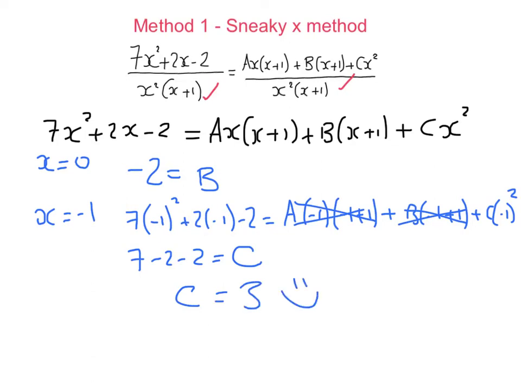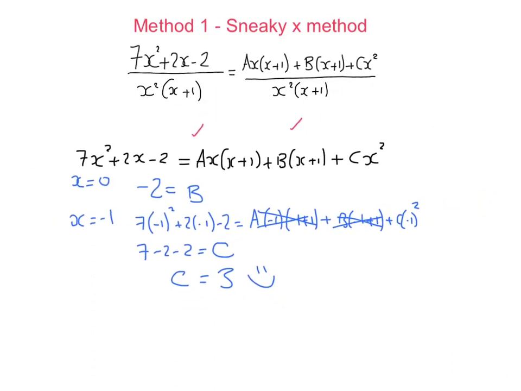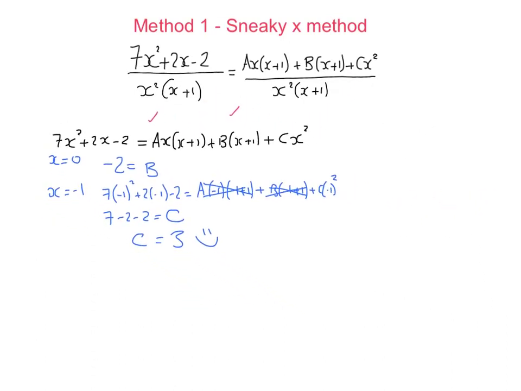Okay, I wonder if there's any more sneaky x's that I can choose. Well, no, there aren't, because you can choose anything, but I chose x is minus 1 to make these two disappear, and I chose 0 to make these two disappear, but there's nothing I can choose to make the last two disappear, because both those factors are in with the a.